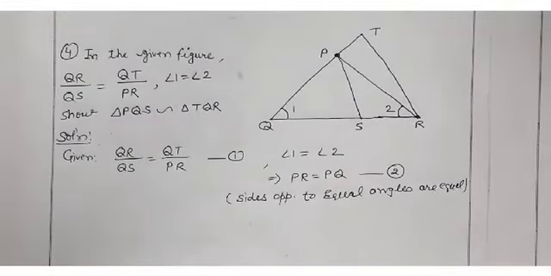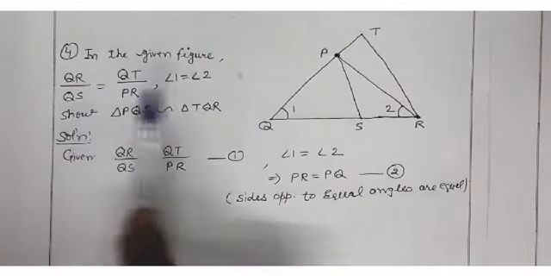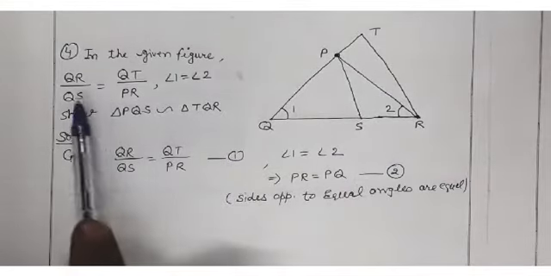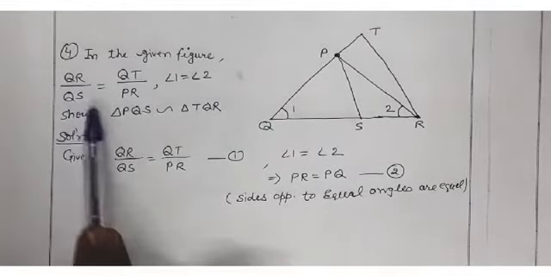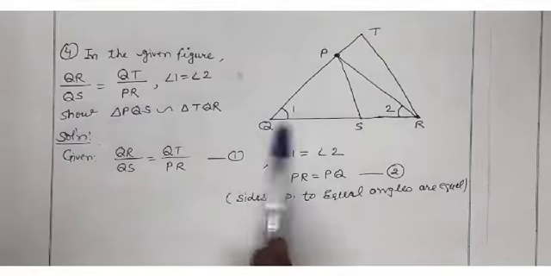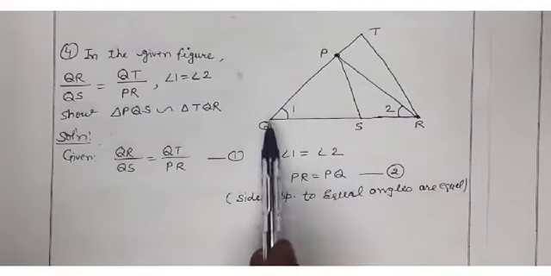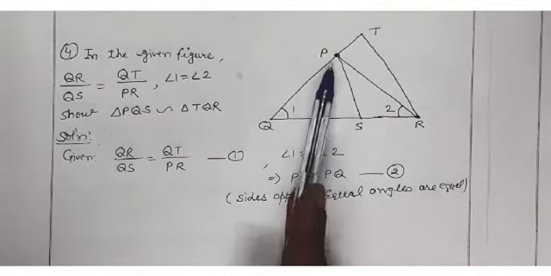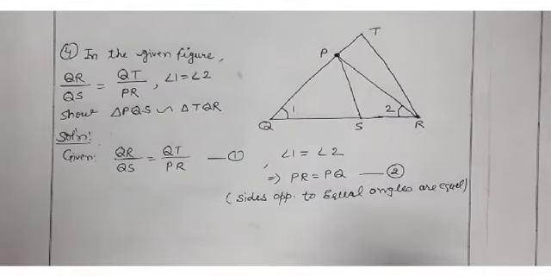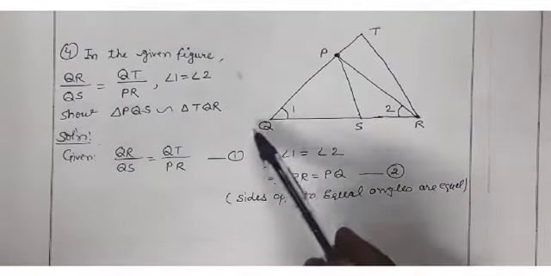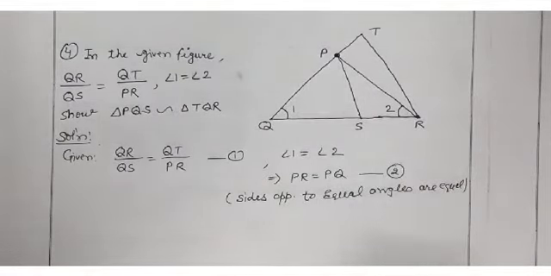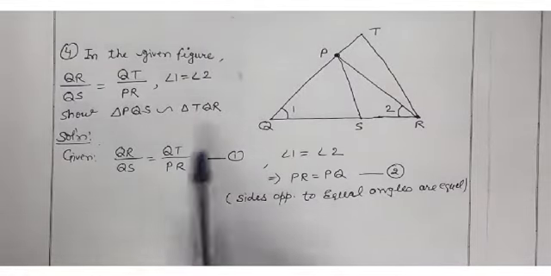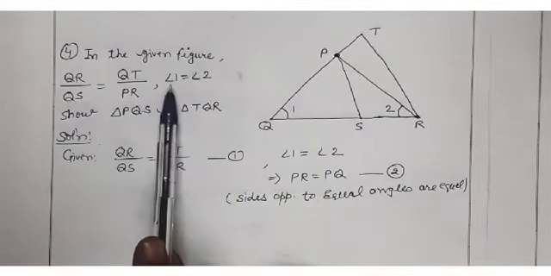Question 4. In the given figure, QR upon QS is equal to QT upon PR. This is given to you, and also angle 1 equals angle 2 is given.